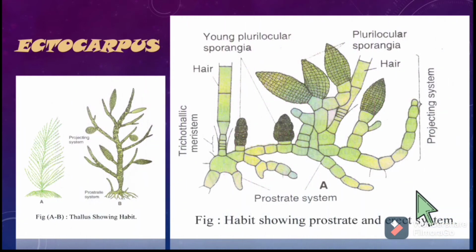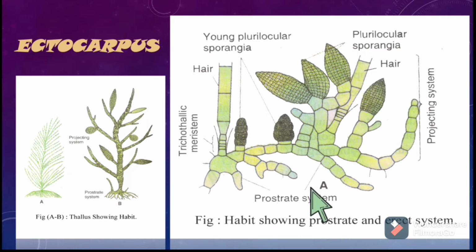The first one is the case of Ectocarpus. In Ectocarpus, as we had already discussed, the thallus is differentiated into the prostrate system and the erect system. The prostrate system is also referred to as the creeping portion, and the erect system is also called the projecting portion.